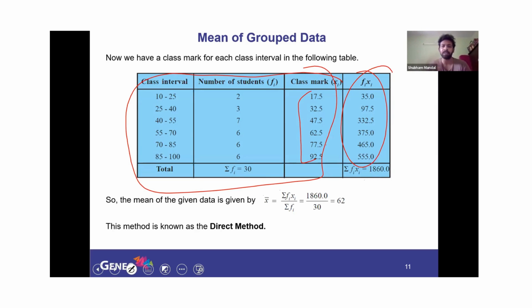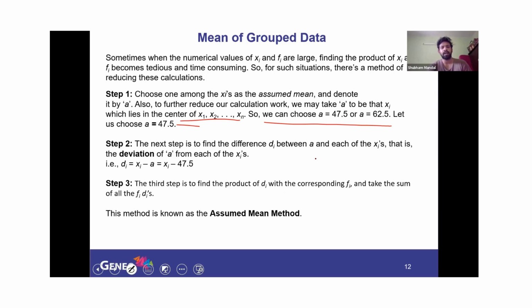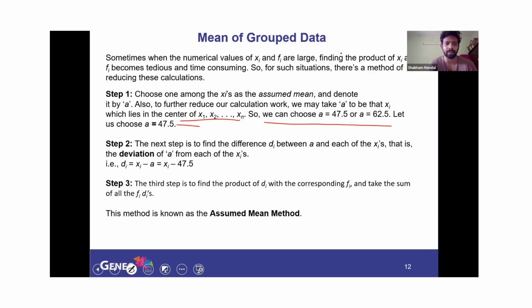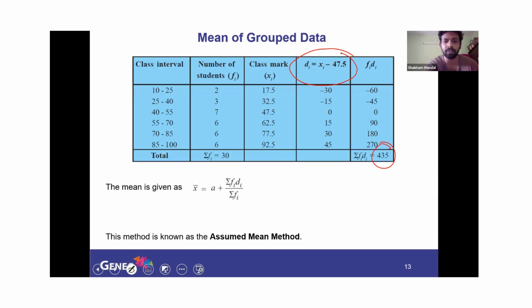You can take either of those. If you have odd, you will have only one center, and you take that. And then you find the deviation column. Once you choose the center, which is called the assumed mean, you represent that with A. Then for each of those class intervals, you find the deviation, which is xi minus A. You find the deviation column, and you find fi into di, the rightmost column.